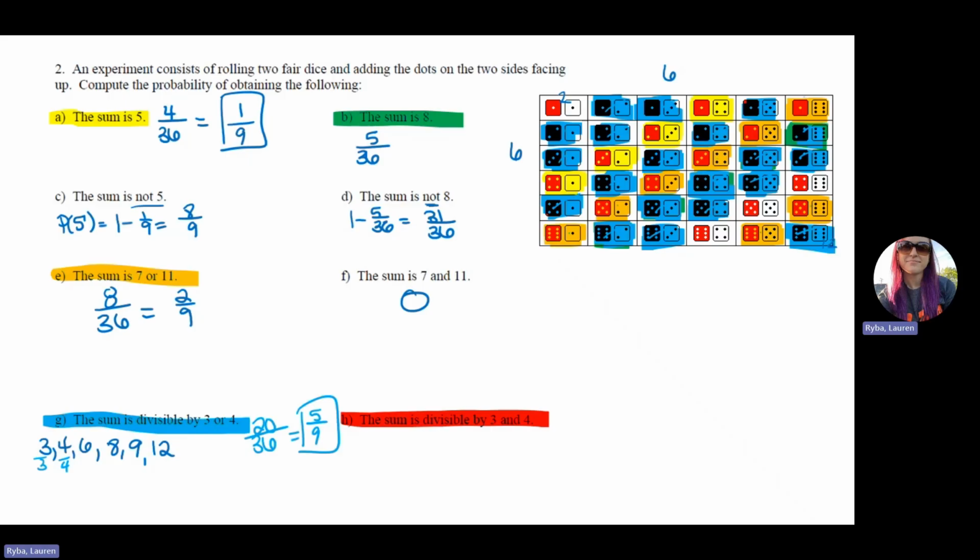Neither of those are divisible by both numbers. 6 is divisible only by 3, 8 is divisible only by 4, 9 is divisible only by 3, but 12 is divisible by both numbers, correct? 12 I can divide by 3 and 12 I can divide by 4. So the only sum that's divisible by both numbers is 12. And that only occurs 1 out of 36 times.